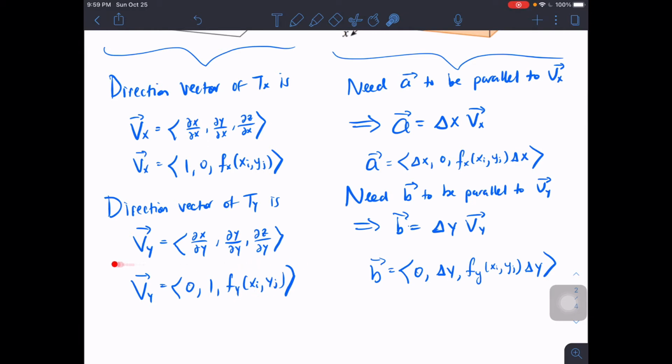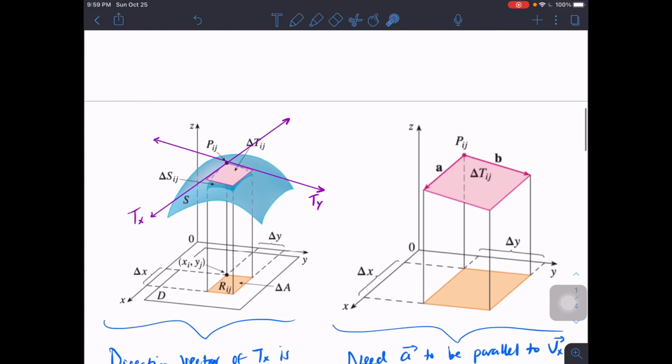And so this is the direction vector of the tangent line Ty. And so if I look at those vectors, Vx and Vy, they're going to be parallel to the vectors a and b that construct this parallelogram, as we've talked about before when we were doing vectors.